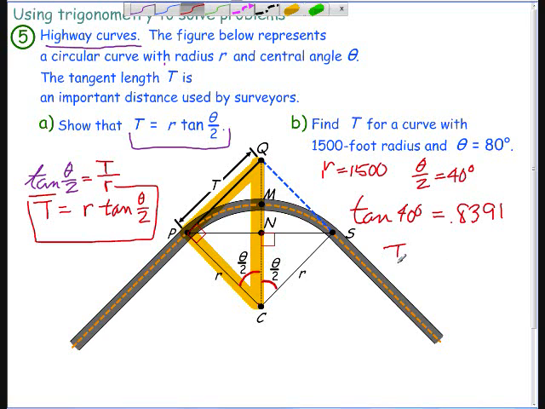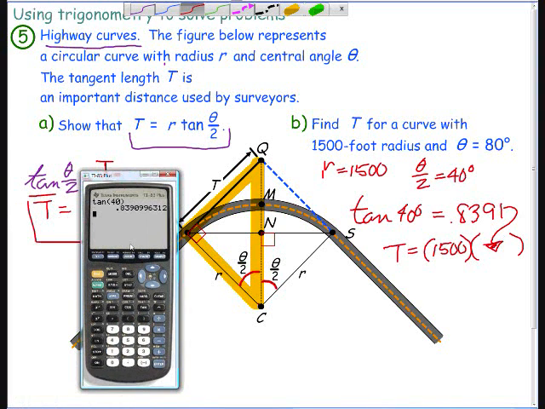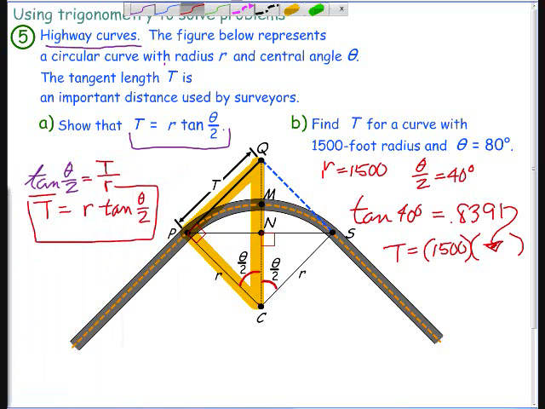So my t is equal to 1500 times this number. So let's go ahead and see what that is. I've got it right here on my calculator. Times 1500 feet. So my answer is going to be in feet. 1256.65.